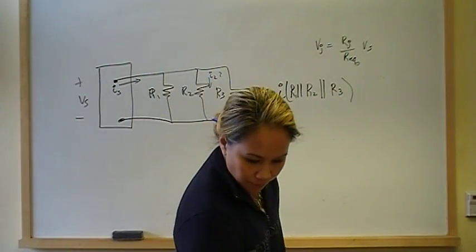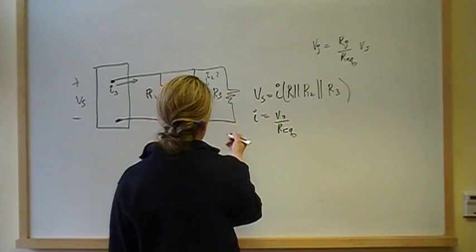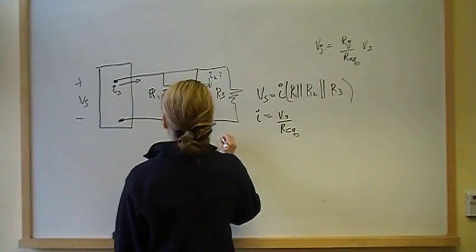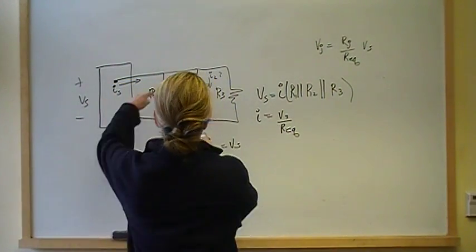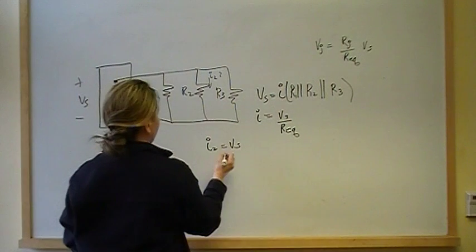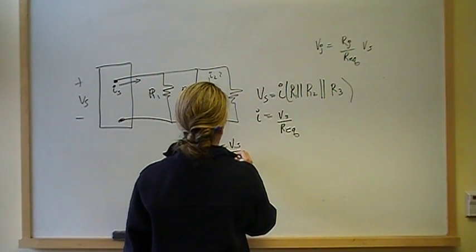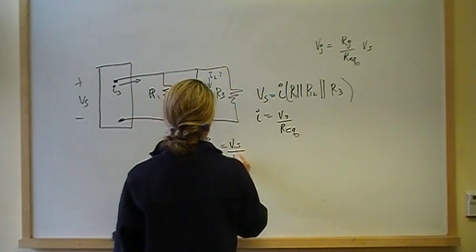So then if we want to find the particular current, in this case I2, then that should be V source over R2, right? Because they're in parallel, so they have the same voltage drop.